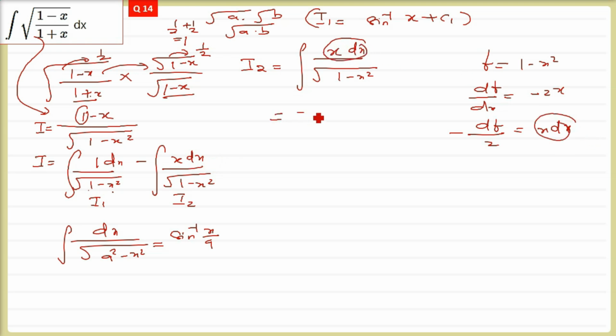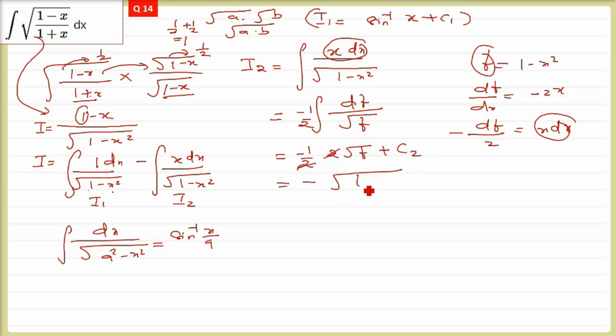So this will be minus half, which you can take outside, and dt will remain inside. Under root 1 minus x square was already taken as t, so under root t. We know the direct result of this. Negative half dt by under root t is twice of under root t plus a constant of integration. 2 gets cancelled. It will be negative under root t, which was 1 minus x square, plus a constant of integration, which is C2. So I1 and I2 we got.